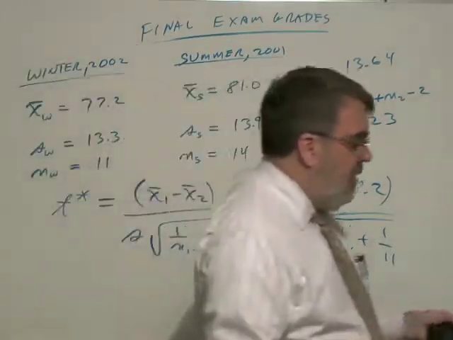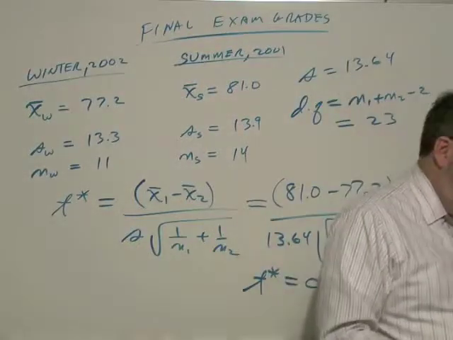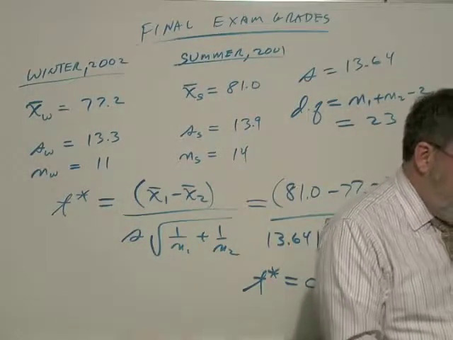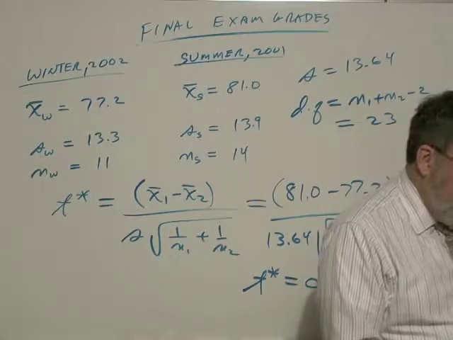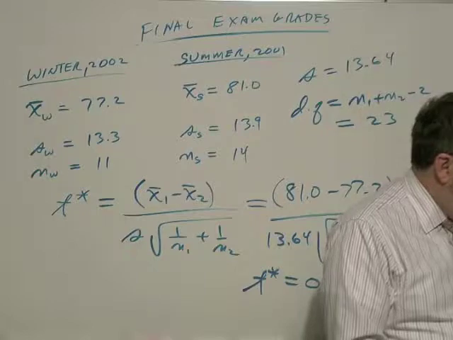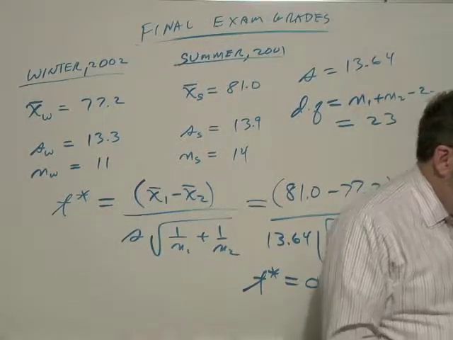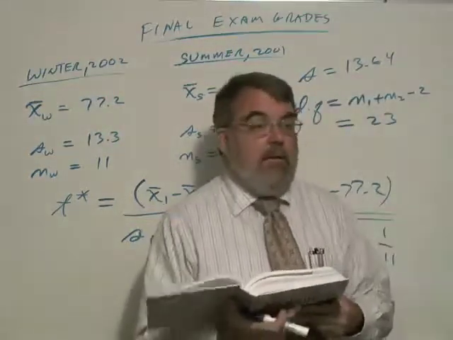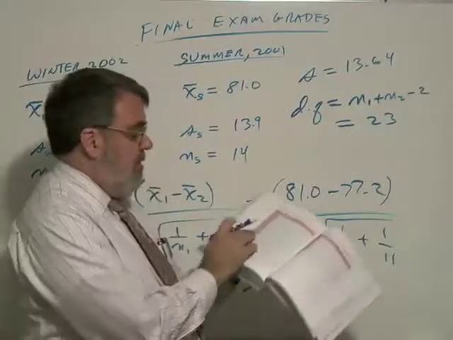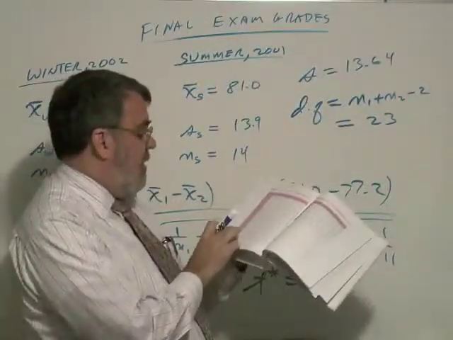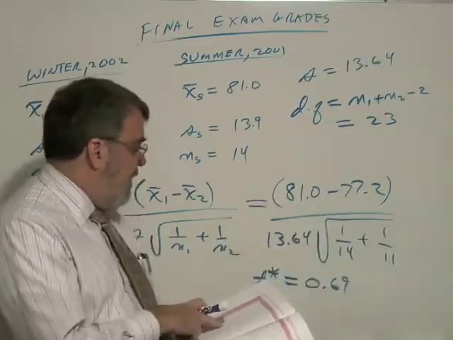0.69. Well, let's look that up in the chart in the back of the book, page 650. And the degrees of freedom were 23. So I'll go down to line 23 in the pink. And going across, I'm looking for 0.69.